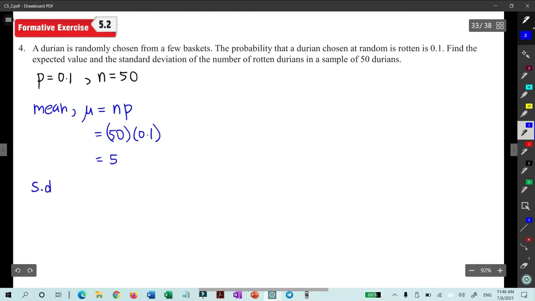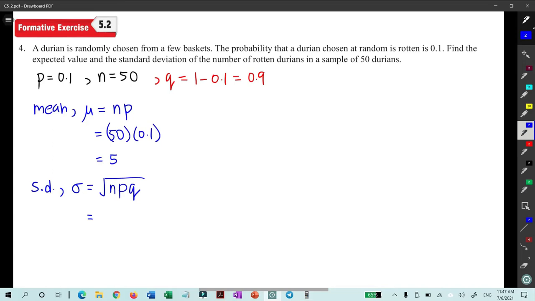Standard deviation, which is given by sigma, can be calculated using the square root of npq. Since we already have the value of p, we can calculate q. q is basically 1 minus p. So in this case, it is 0.9.